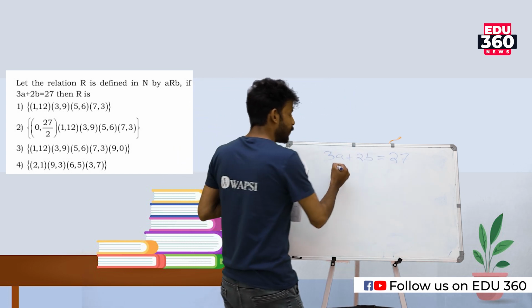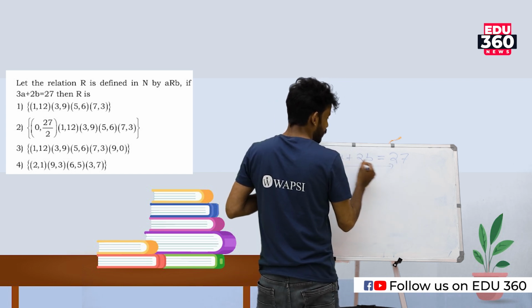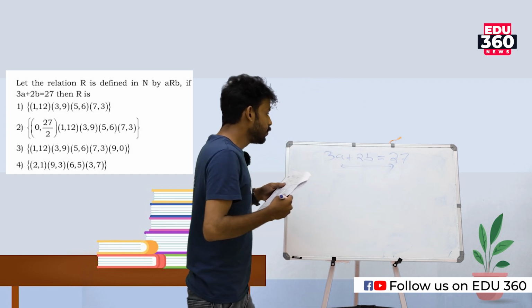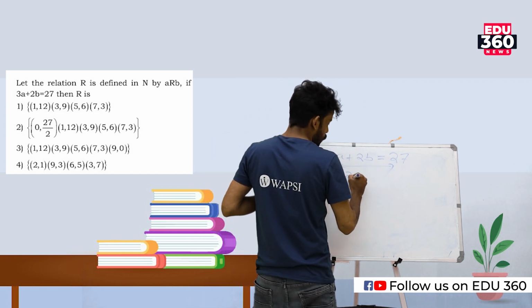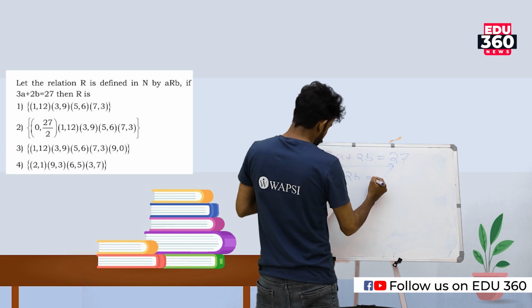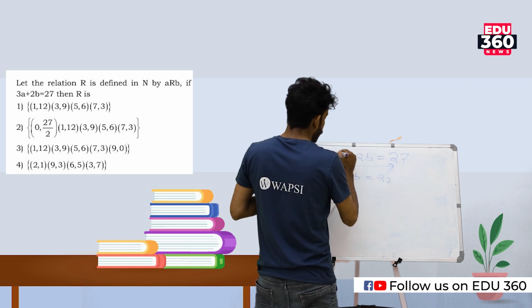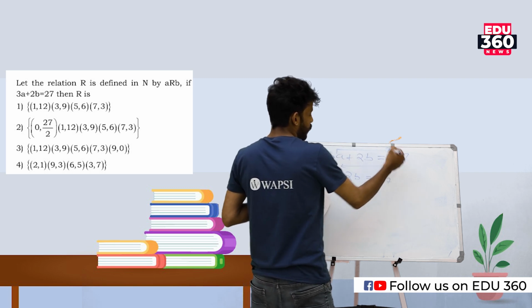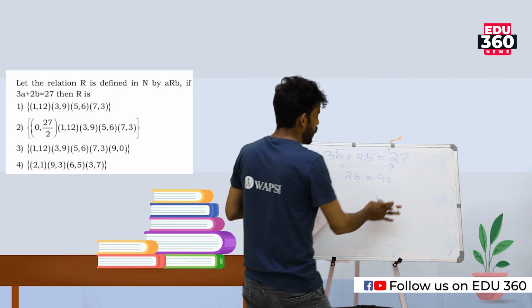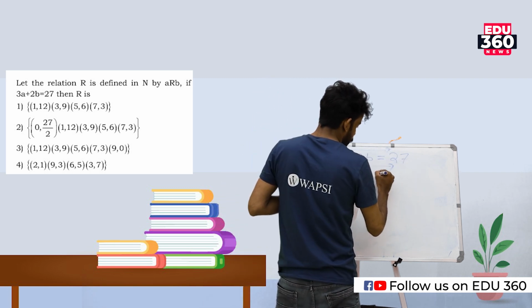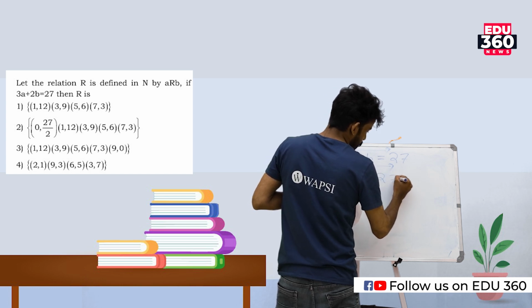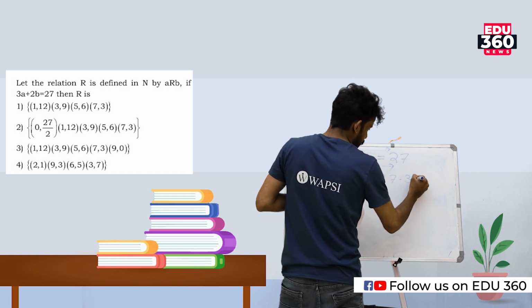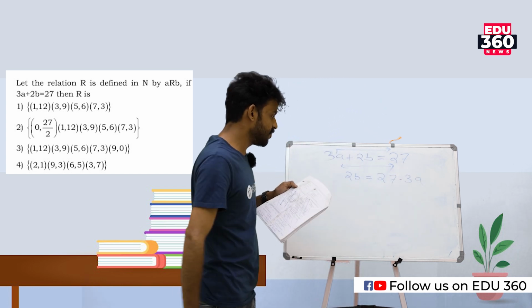From the given hint, we can write 2b is equal to, just move the 3a to the right hand side, 27 minus 3a.